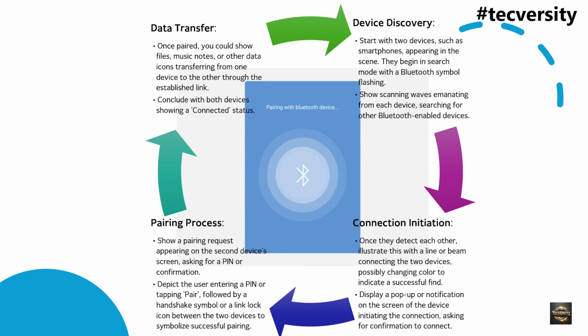Now this pin is unique and it is not a prefixed pin. That means you cannot prefix this pin. It will be generated automatically at that moment, and it must be identified on both devices. The reason the pin is unique is that each device may have the same name.